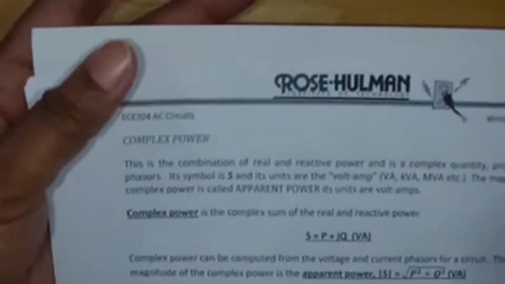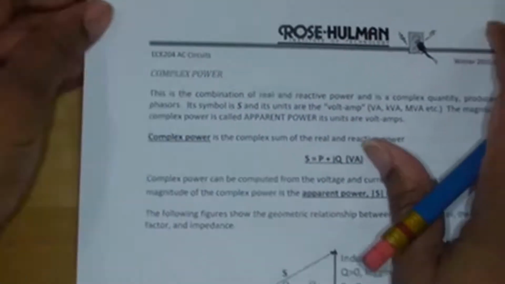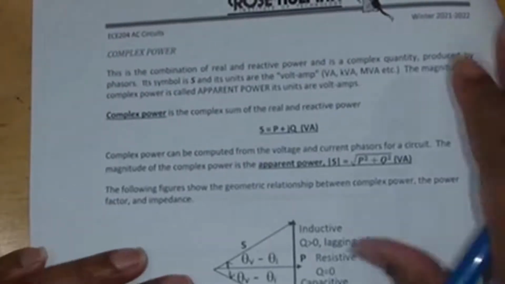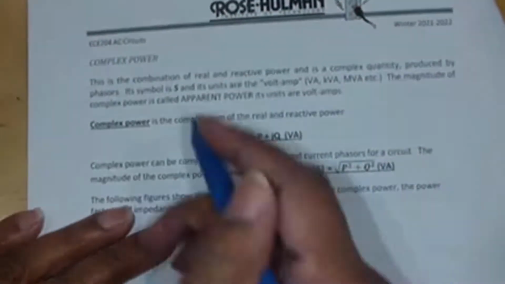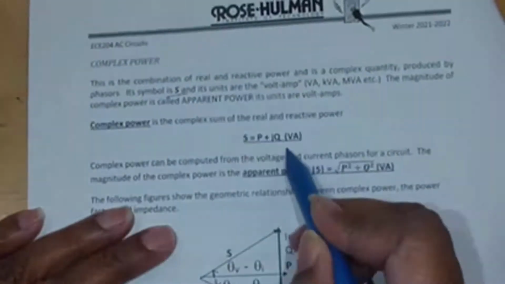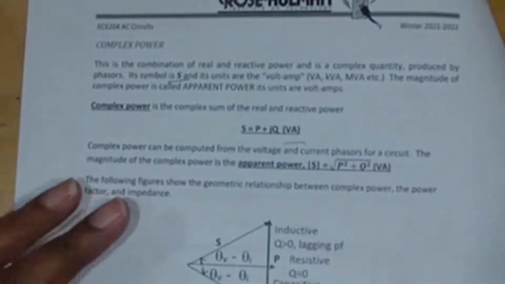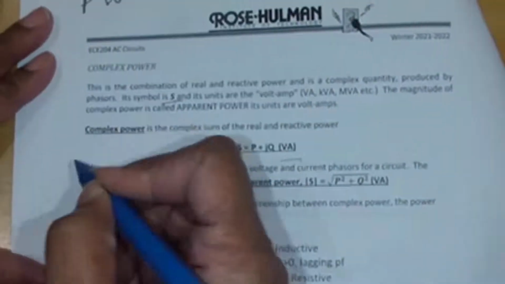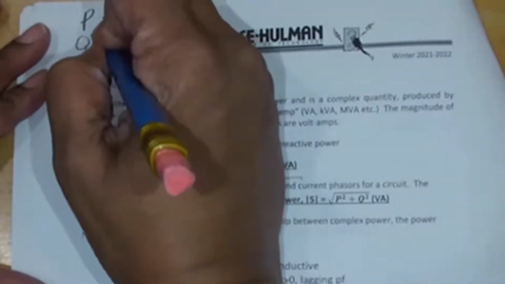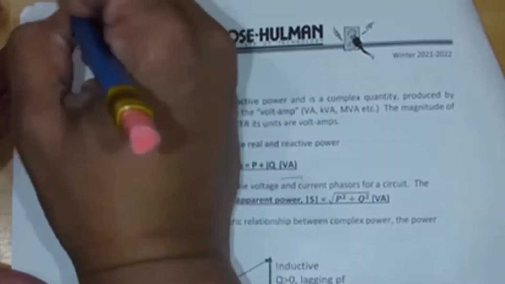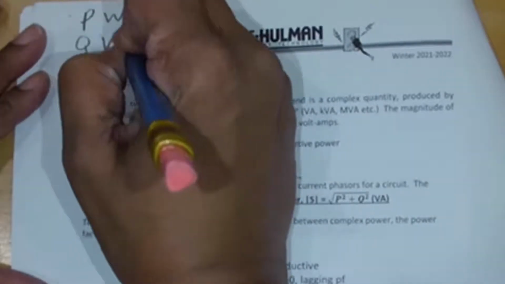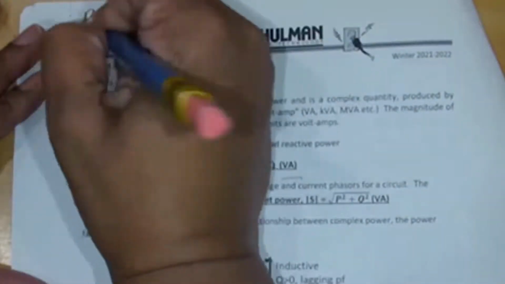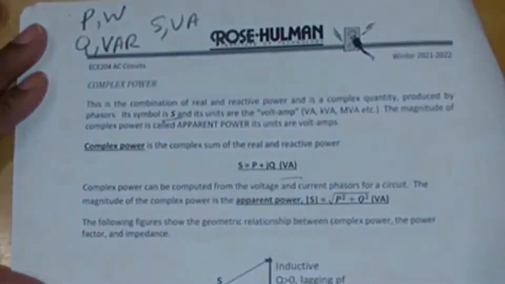So complex power is now a complex number that is the sum of the average or real power and the reactive power, and it has the symbol S and the units of volt ampere. So far we now have power, which has units of watts, this is average power, reactive power, which has units of var, and now we have S that has units of volt ampere.